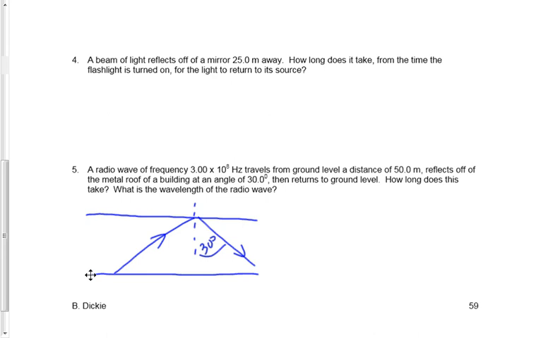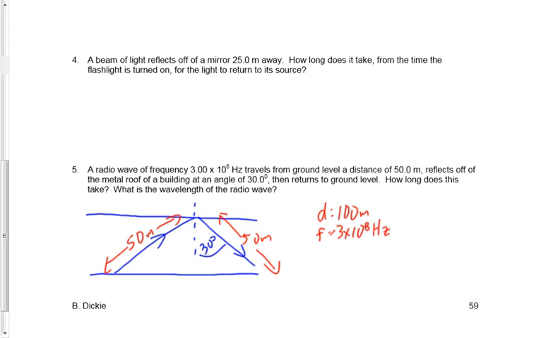We're told here that the distance that it travels from the ground to the roof is 50 meters. And then, of course, it reflects off at the same angle. It's going to travel 50 meters back to the floor as well. So the total distance it travels is 100 meters. We know the frequency is 3 times 10 to the 8.